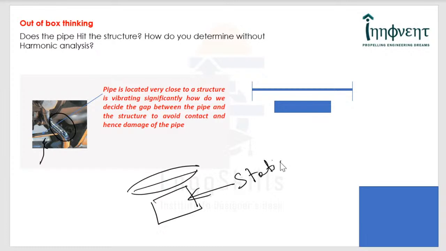If it does, then there is every possibility that the pipe breaks, and it can have consequences depending on whether it is a fuel pipe, or some other pipe. So the consequences either can be grave, or definitely it can be a damaging consequence.